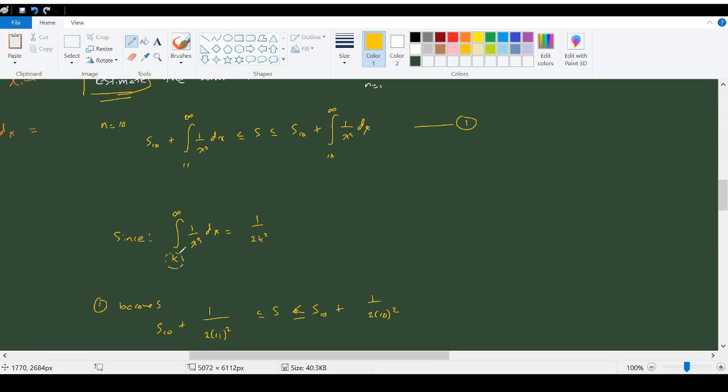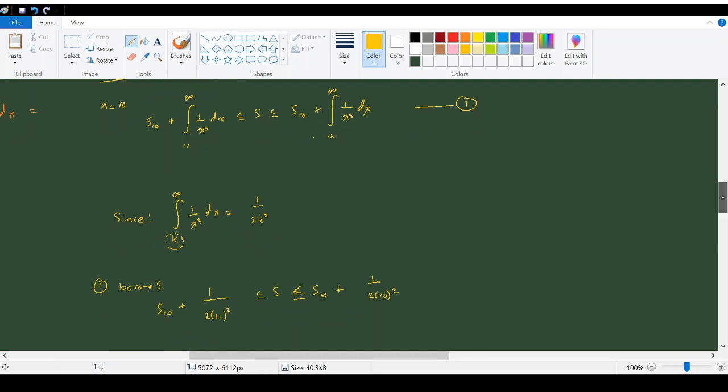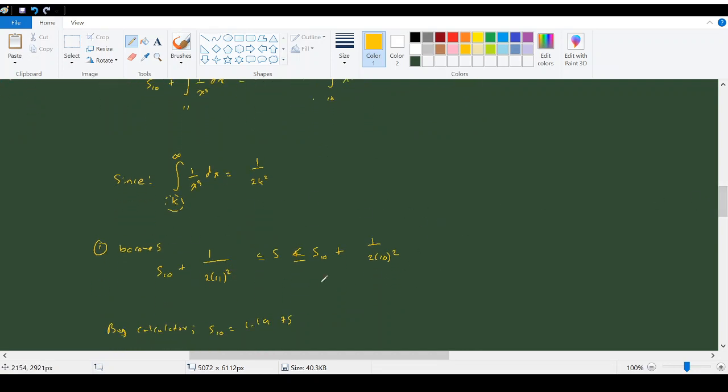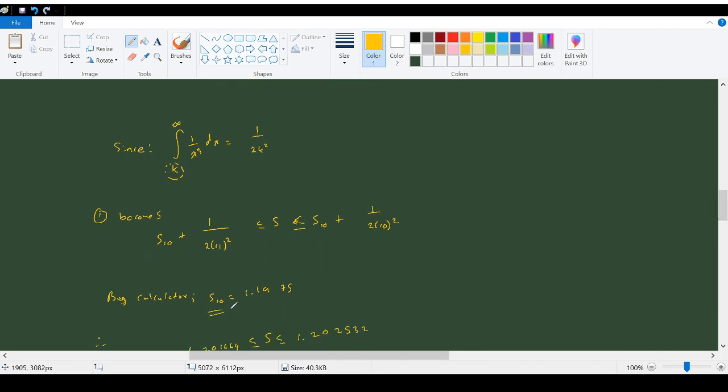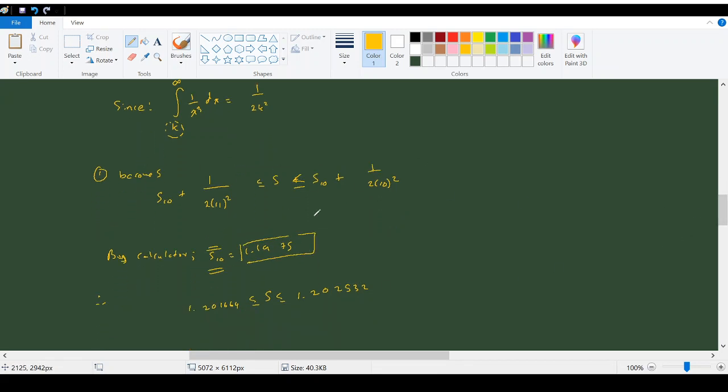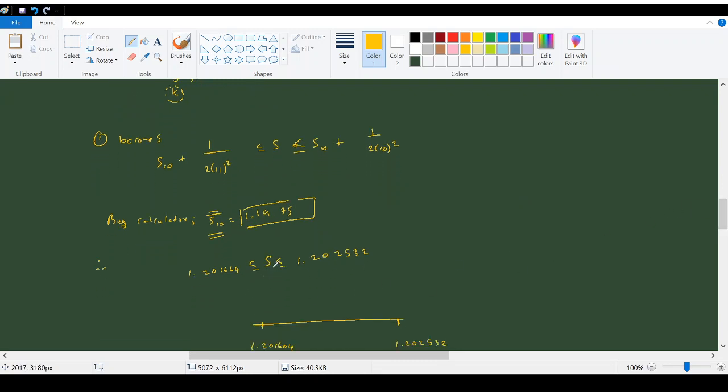K is the lower limit, so accordingly here the lower limit is 11 and here the lower limit is 10, so we can directly substitute those relationships. And also by the calculator you can find the value of S10, which is equal to this one. Then by adding all these terms together, you can see that the value of S will be in between these two numbers. They are very close numbers, right?